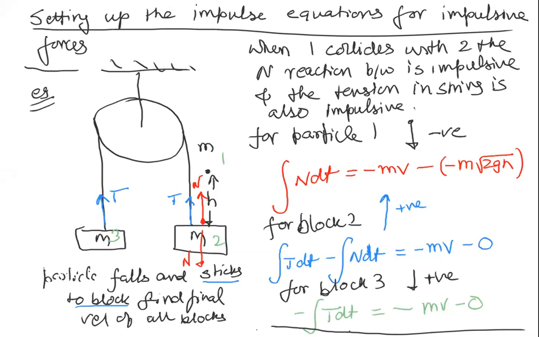If I add up all the three equations, N dt, N dt, T dt, T dt, सब कुछ ऐड कर दीजिए, क्या आएगा. 0 is equal to 3mv plus m into root 2gh. v is equal to root 2gh.